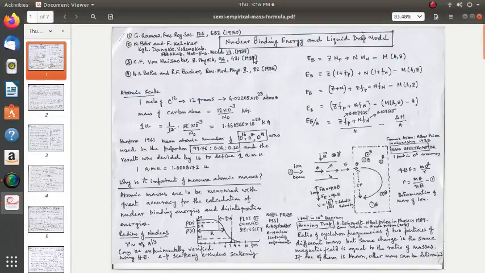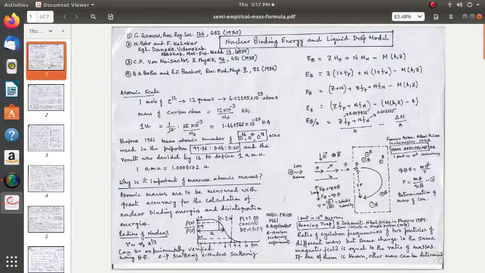I have used several books while preparing this talk. Mainly I have used Nuclear Physics by Kaplan, Nuclear Physics by K.S. Krane, the Nuclear Physics book by S.N. Ghoshal, and several other books.